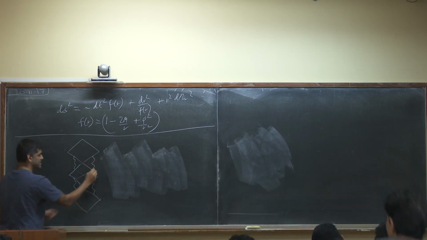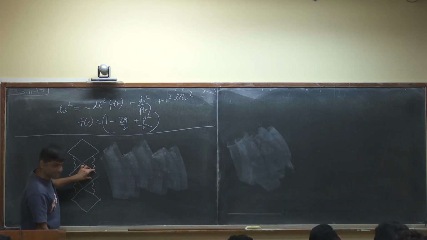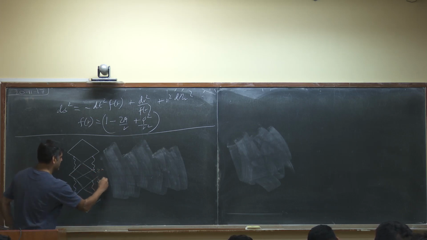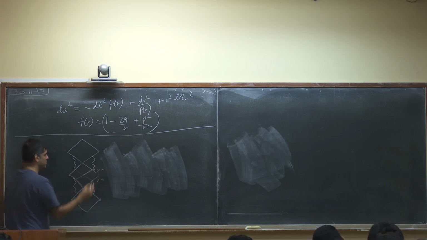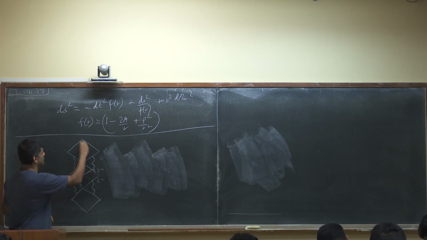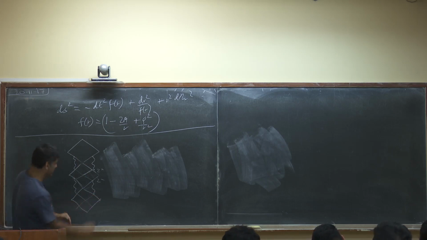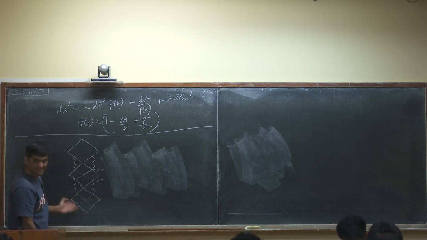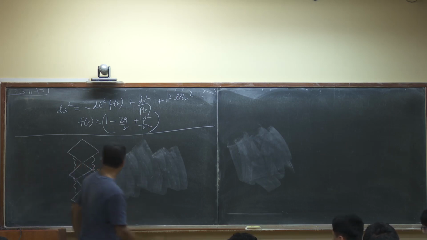And this is the asymptotic region of any one universe. This is scri plus, this is scri minus, this is the outer horizon, this is the inner horizon, and so on. This goes on forever. This is another universe with its scri minus, its scri plus, and so on. It just goes on.